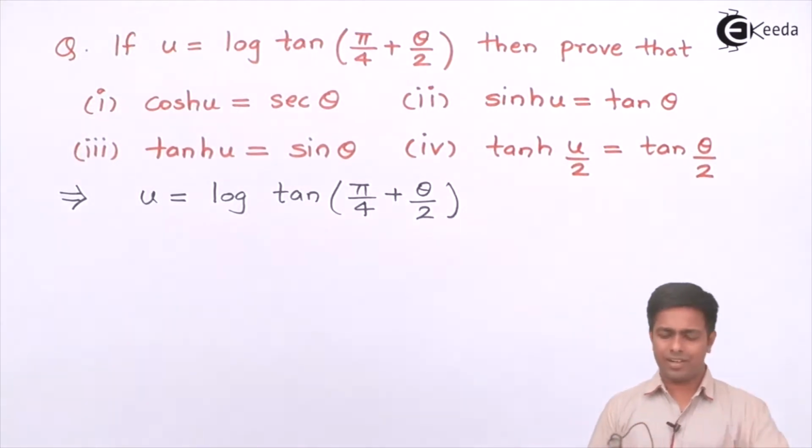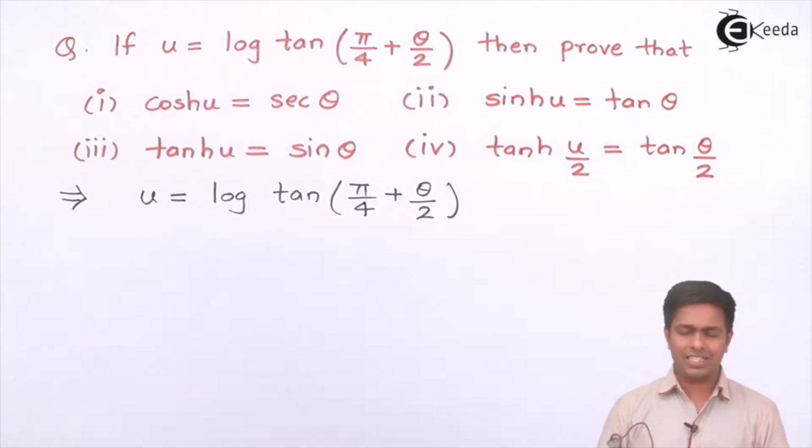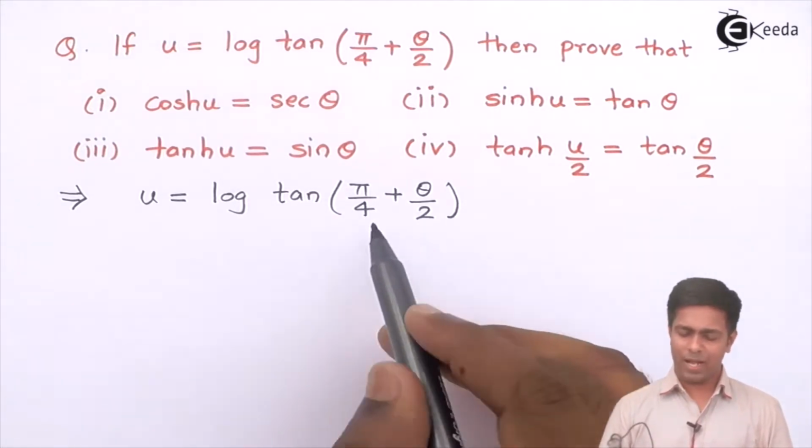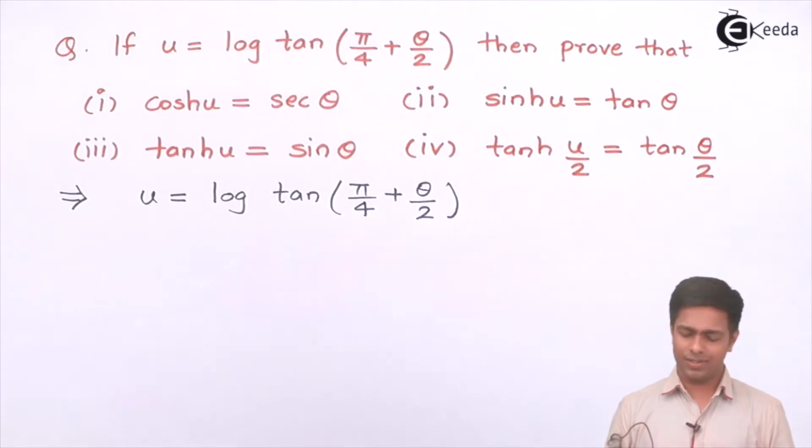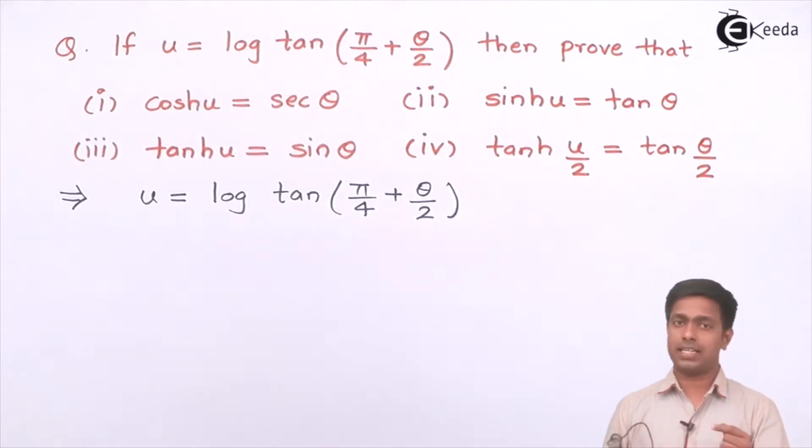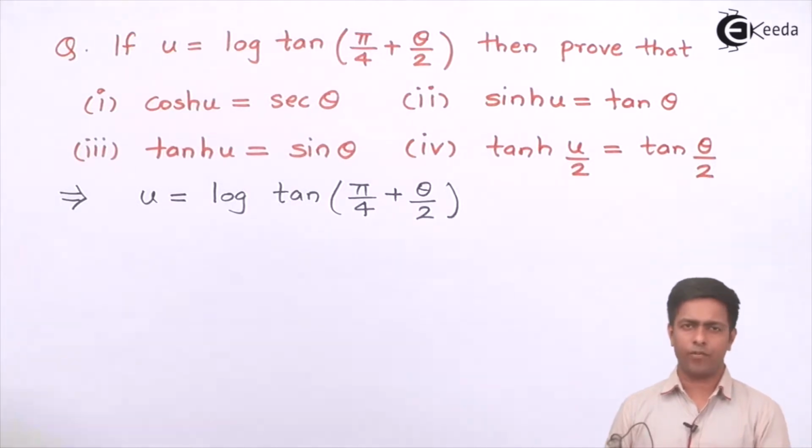Now let's start simplifying the given term. What is the formula of tan of pi by 4 plus theta by 2? It is 1 plus tan theta by 2 whole upon 1 minus tan theta by 2. I'll substitute that formula over here.